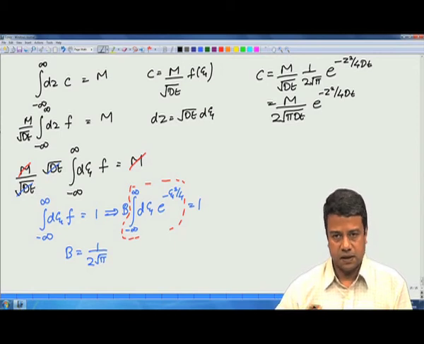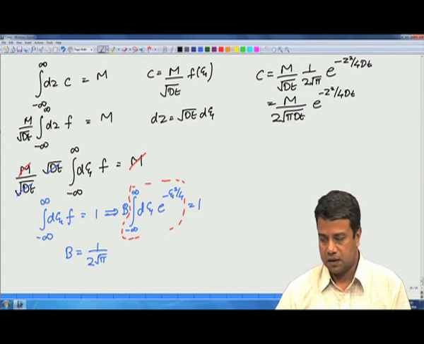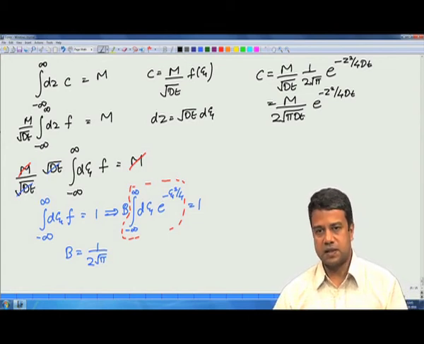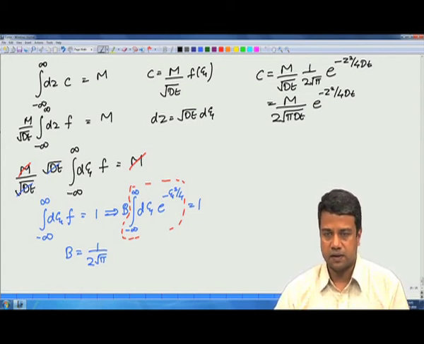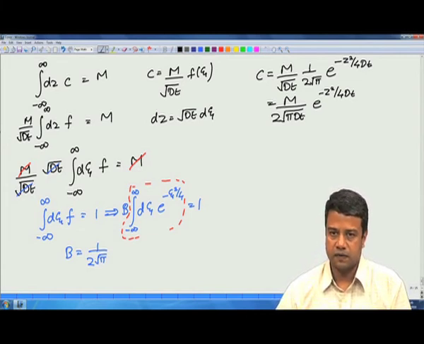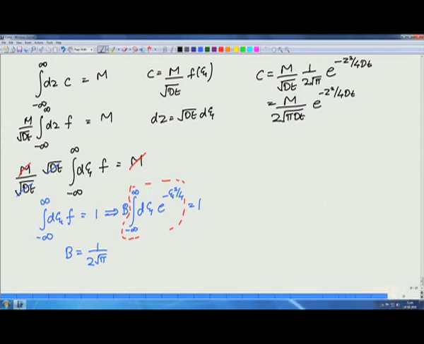In this, as I said, the maximum concentration decreases as 1 over square root of dt, and the width of the pulse increases proportional to root dt. We will look in a little more detail at the physics of this problem. I have got for you the mathematical solution. I will discuss a little bit about the physical solution of this problem in the next lecture and where this kind of a solution can be used.